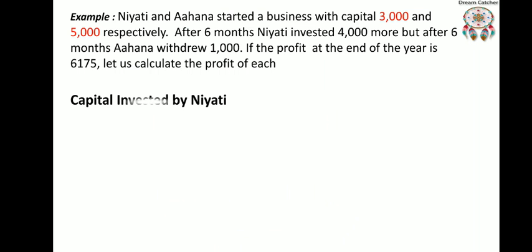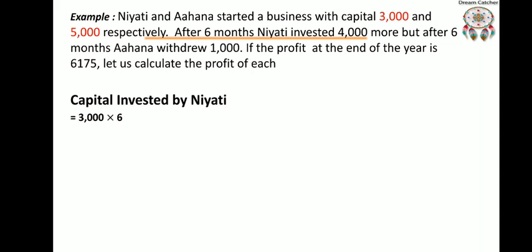We start with capital invested by Niyati. So you see, Niyati started with rupees 3,000 initially for 6 months. Her capital in the business for the first 6 months was 3,000. And see what happens after 6 months. Look at the question. Question says, after 6 months, Niyati invested 4,000 more.